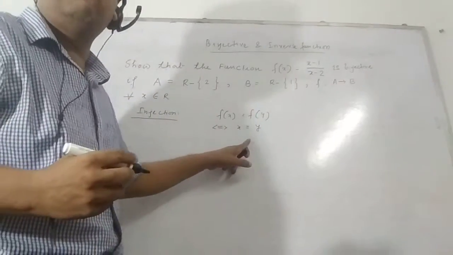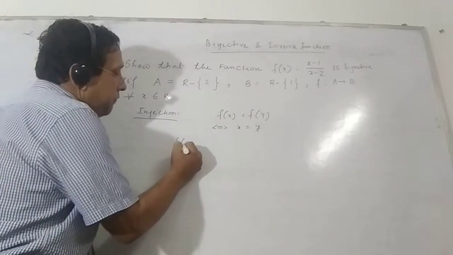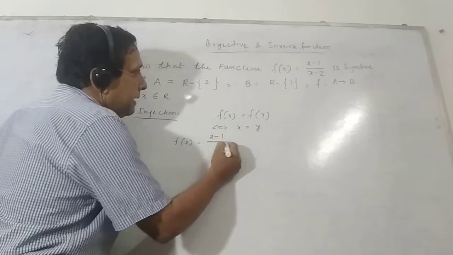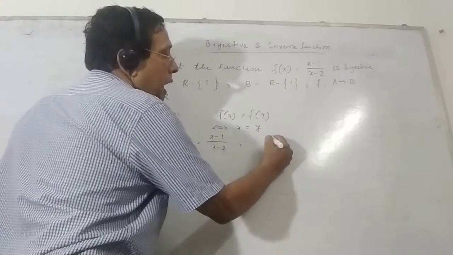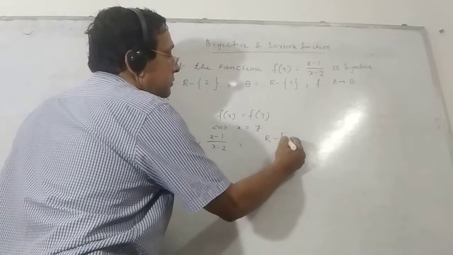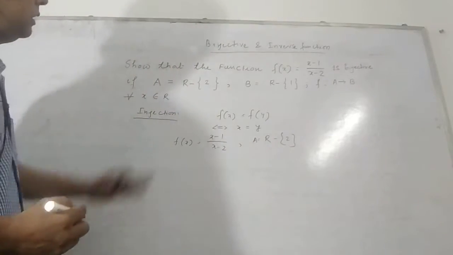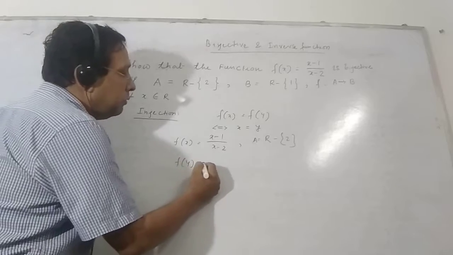This is what we would like to prove. Now, what is f of x? Your f of x is x minus 1 divided by x minus 2, where its domain is given as R minus 2 for set A.